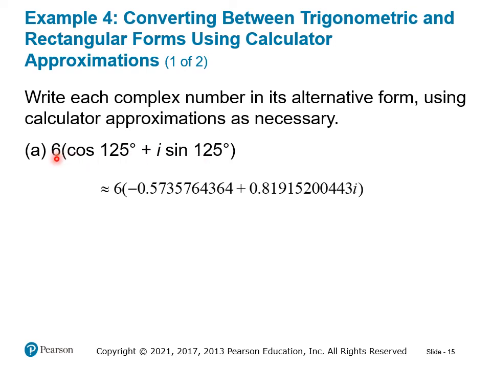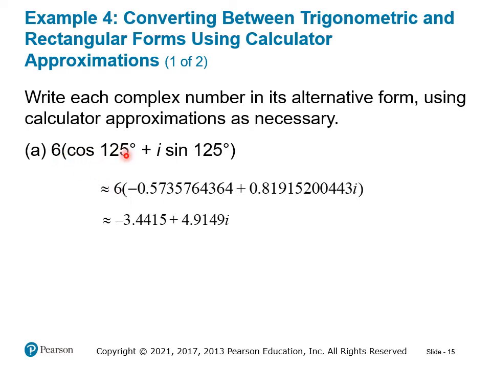We can see the radius is 6, and here we have cosine 125 and sine 125. We multiply through, simplify to 4 digits, and we get negative 3.4415 plus 4.9149i.